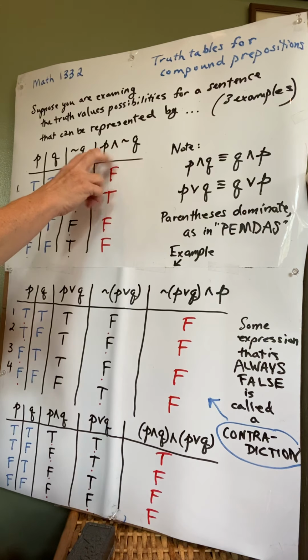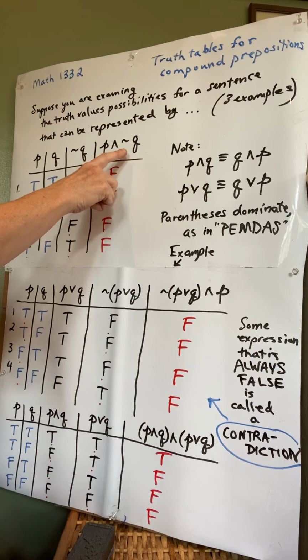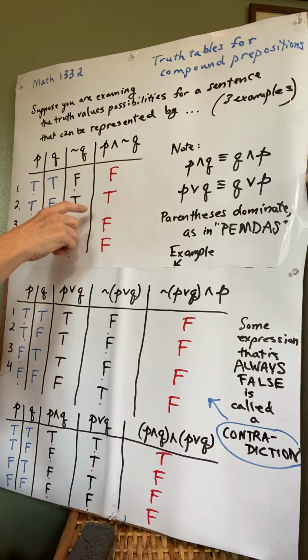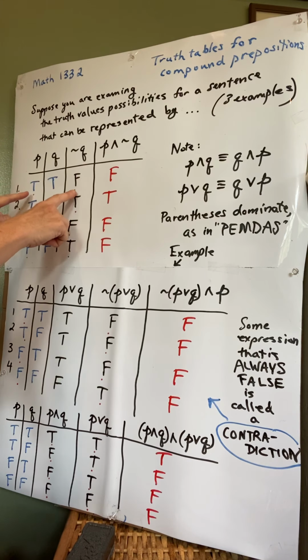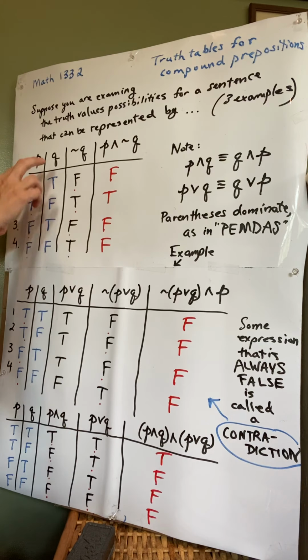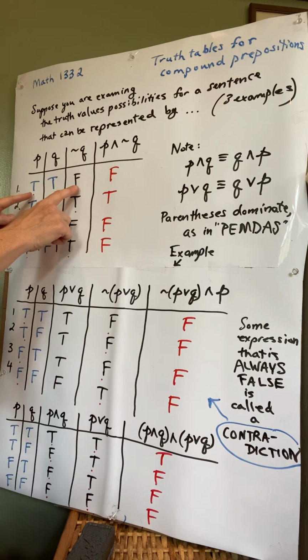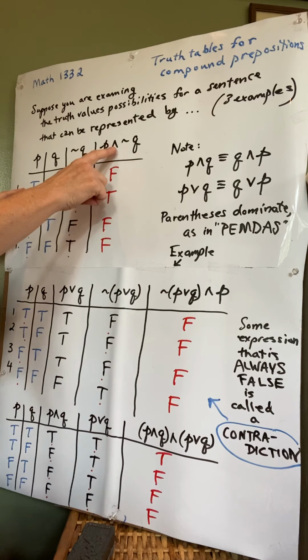Now you can look at the expression P and not Q by looking at the P column and the not Q column together. So this requires you to just ignore Q for a minute and look at this and interpret that symbol. That's an and.